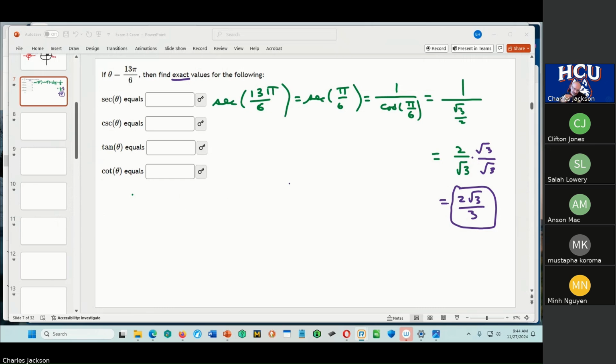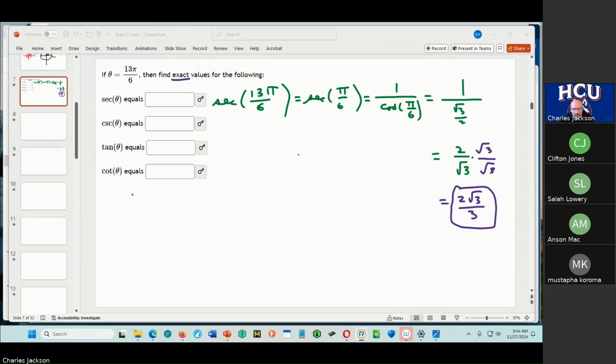It's interesting. So let's go ahead and do the cosecant one and see how we would use the results of that and what we just did to do one of those, tan, cotan.